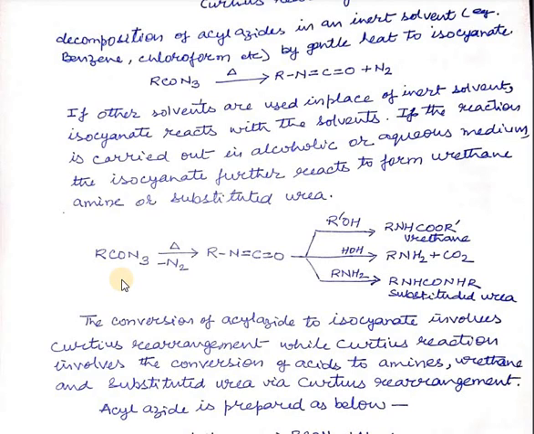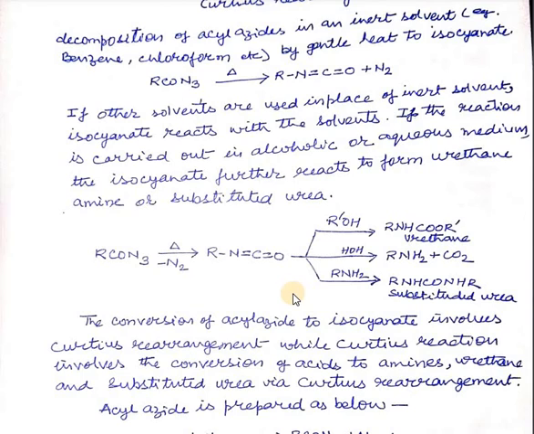Here I have written this azide when heated gives this isocyanate. This is Curtius rearrangement. And when this reaction occurs in a reactive solvent, for example in alcohol, then we obtain this urethane, RNHCOOR', urethane is obtained. If the reaction occurs in water, then we get this primary amine RNH2 plus CO2.